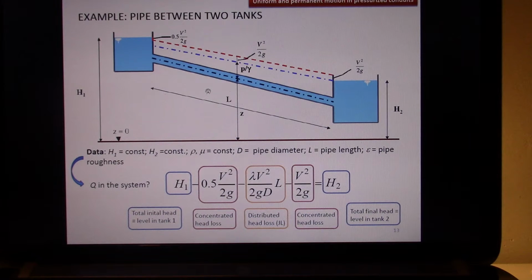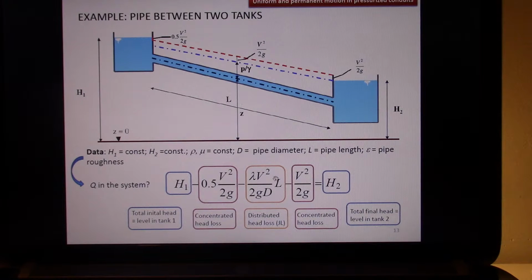Then we have the pipe, and along this pipe there are some losses of energy due to the viscosity of your fluid, due to the diameter of your pipe, the roughness, and so on. And basically we have seen that it is possible to define these distributed losses by J, which is the hydraulic gradient, times L, which is the length of the pipe.